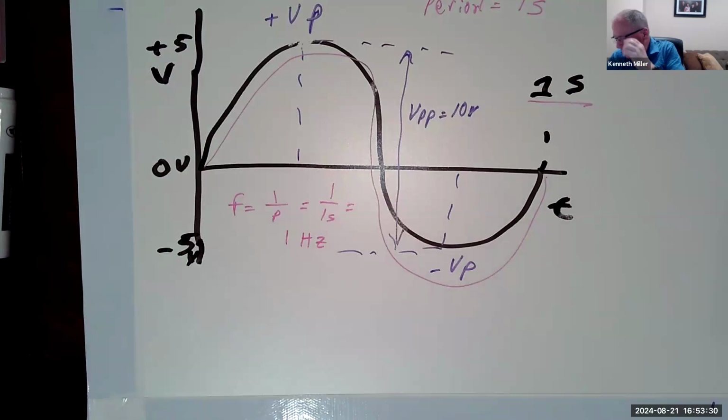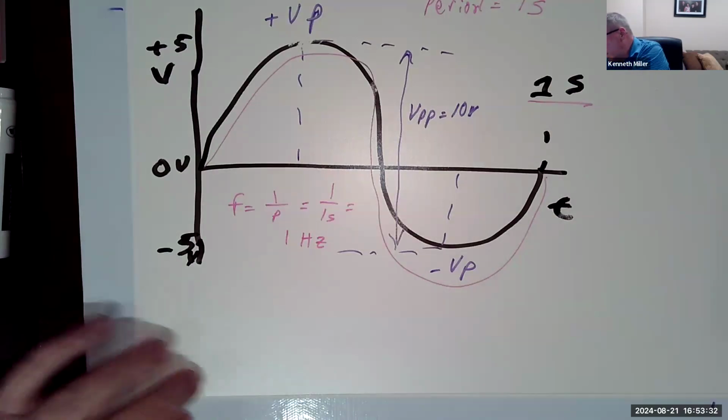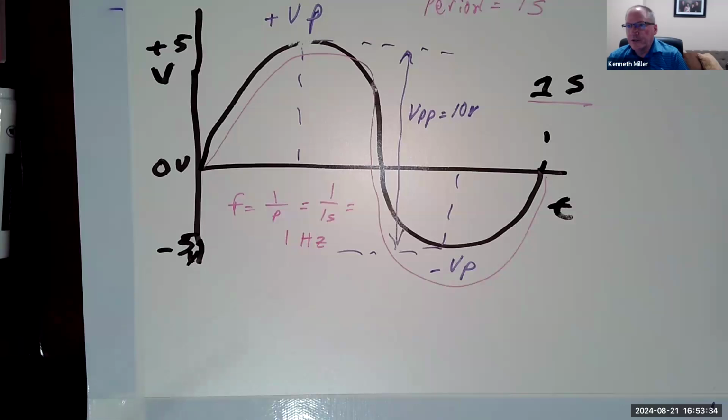For those of you that aren't aware, most of the classes I teach are in the CNET program, the computer networking technology program, so we're always talking about computers. Where we see the frequency all the time is with our memory or with our CPU, the processor, right?